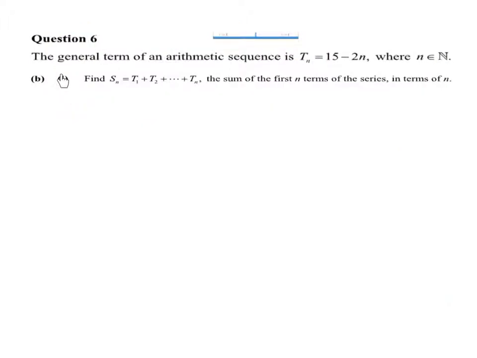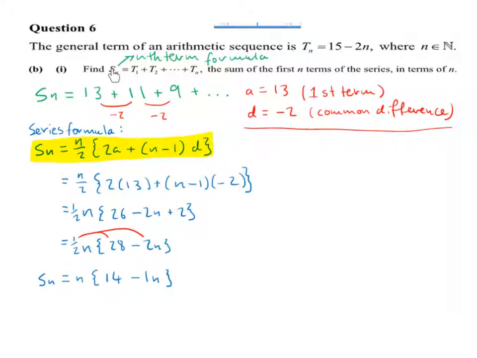Part B, Part 1. Find Sn equal to T1 plus T2 plus ... plus Tn, the sum of the first n terms of the series in terms of n. So Sn is similar to the nth term formula, which we have up here. So Tn equals 15 minus 2n.